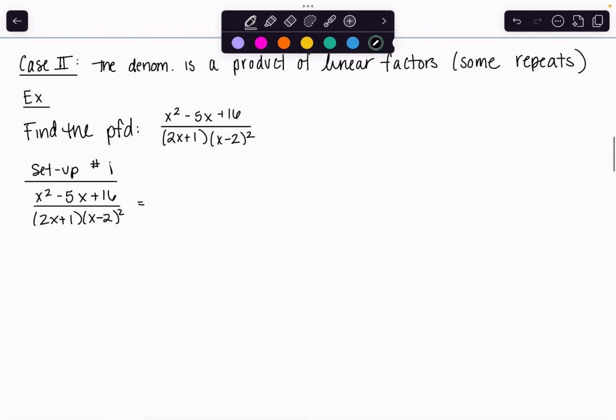The way you can think of this is you only have two unique terms. So you break it down into two fractions. The 2x plus 1 is one of them, and then the other term is x minus 2 squared. This is linear, so it gets a constant above it.